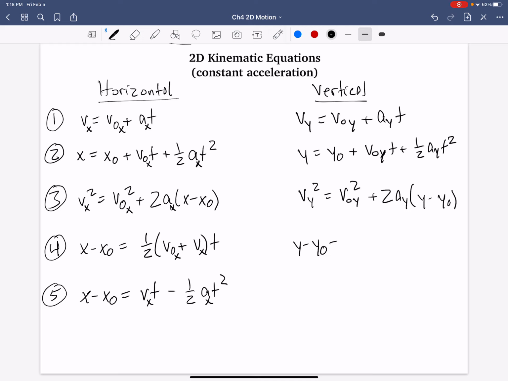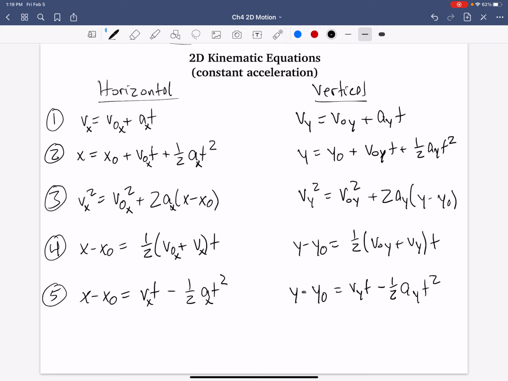Y minus y naught equals 1/2, a constant, times V naught y plus Vy times t. Y minus y naught equals Vy times t minus 1/2 a y t squared. Notice I'm keeping the signs here, and yes, that minus sign in this equation has to be there.